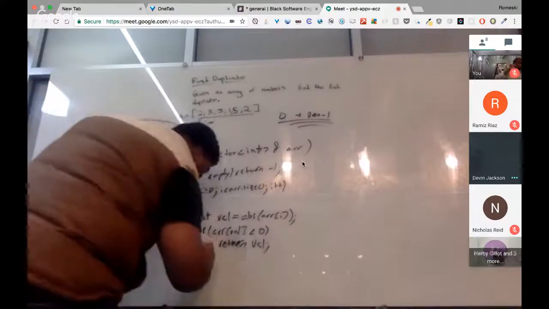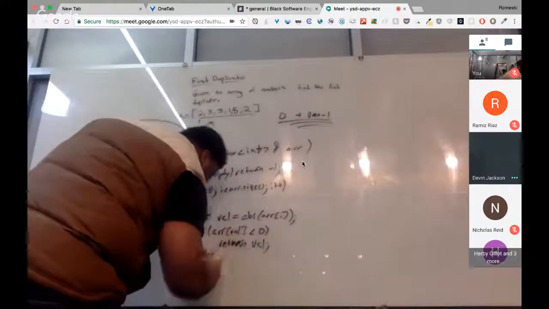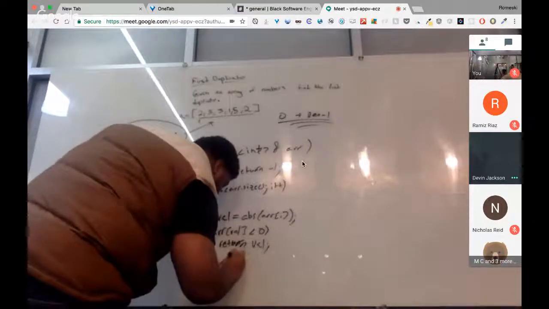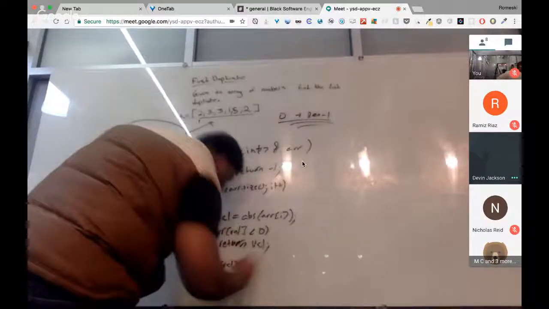Else, we set our array at val equal to negative of itself.